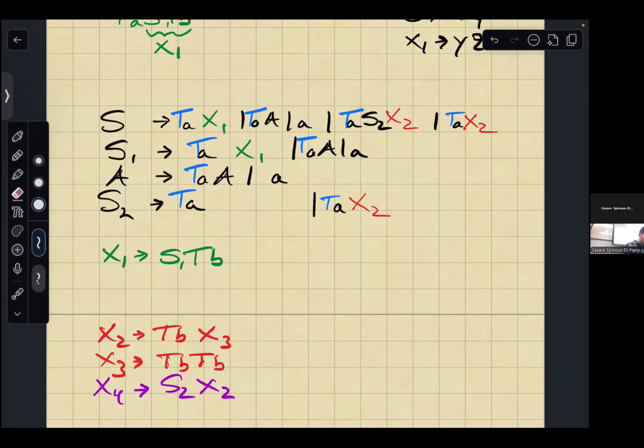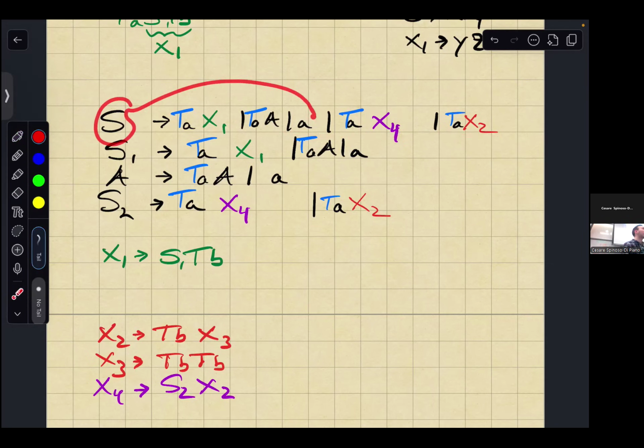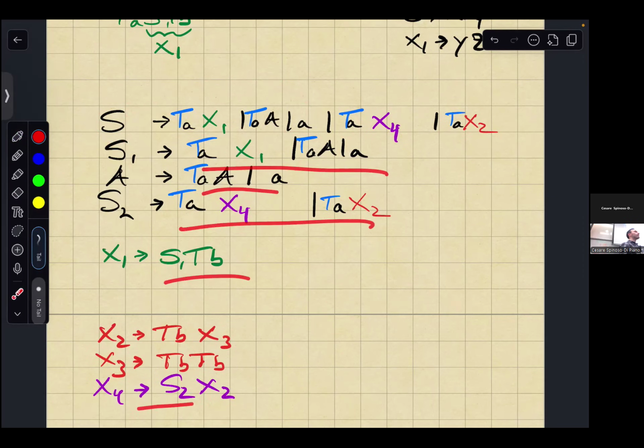So this is going to be replaced here, and this is going to be replaced here. Okay. And now, very nice, all my variables go to binary, except S goes to A, but that's fine because CNF allows single terminating letter variables. So yeah, seems good. Nice.